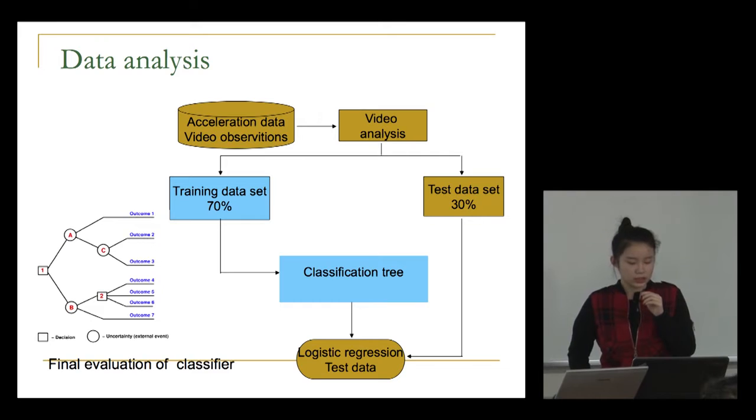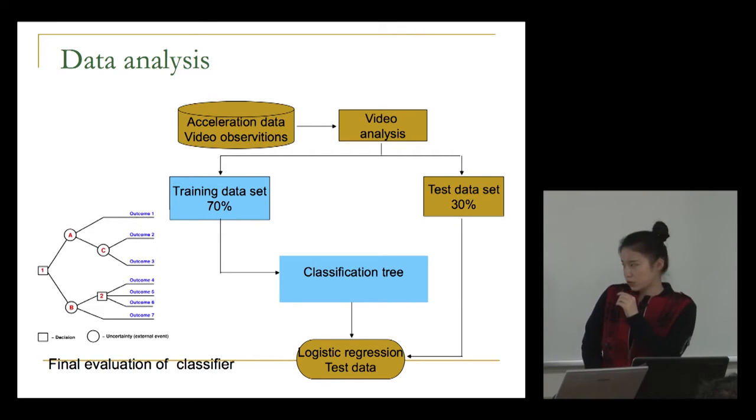Then comes the data analysis. The combined video and acceleration data was used to generate a classification tree for each epoch. The data was divided into two parts. 70% of the data was used for training. The classification tree categorized data based on included variables and a known outcome, which is the video behavior.